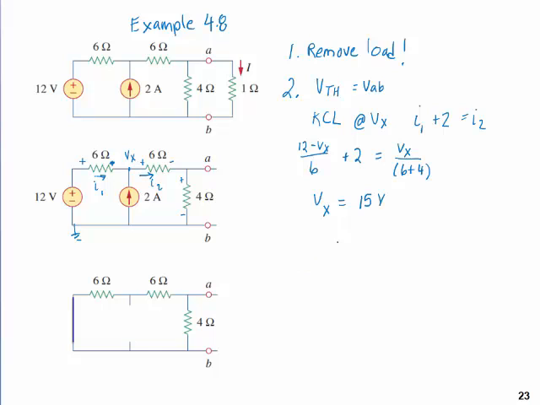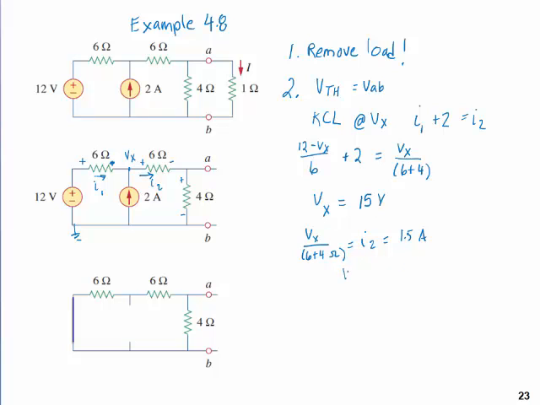So now I can go back and find this current right here, and once I find this current right here, then I can determine the voltage across the resistor. So Vx divided by 6 plus 4 ohms equals I2, that will turn out to be 1.5 amps, right? 15 divided by 10 is 1.5 amps.